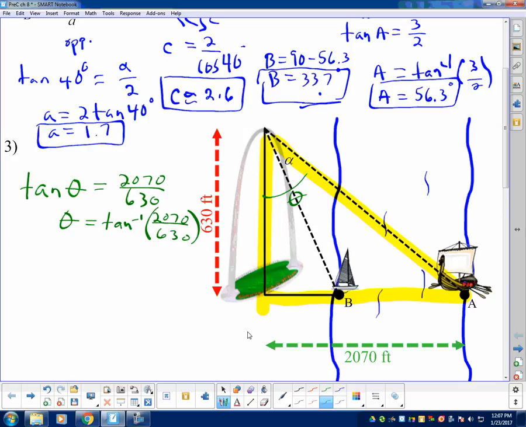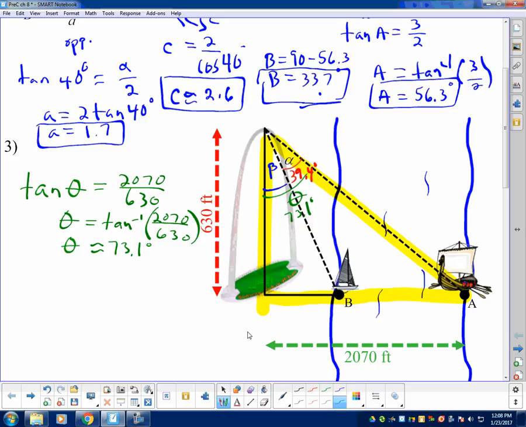If you plug inverse tangent of 2070 over 630 into your calculator, you end up getting approximately 73.1 degrees. That's the whole angle. Now keep in mind, alpha is 39.4. That's just from here to here. So if the whole thing is 73.1, then I can find this little angle, maybe we can call that beta, by subtracting the two.